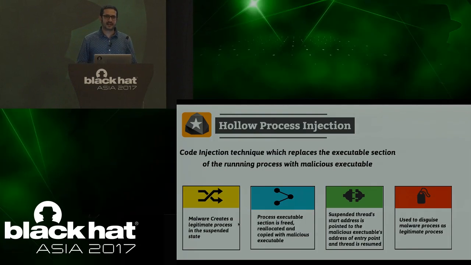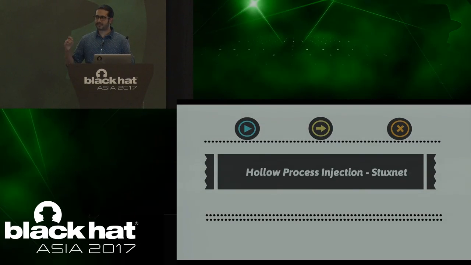As a result, for the lifetime of the legitimate process, it will be running the malicious code that is injected. So again, if you look at the path of the legitimate process, it will look normal. Only in the memory, there is malicious code. So this is the reason why attackers use hollow process injection. So let's take an example of how Stuxnet did hollow process injection.